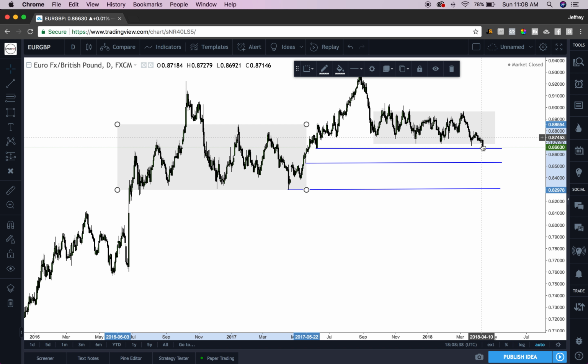Since we've got sellers in the marketplace, I'm expecting them to want to take out all the stops below this consolidation here. If you look, this is June of 2016. So anybody who's been long this market since June of 2016 has been up a significant amount of pips, right?